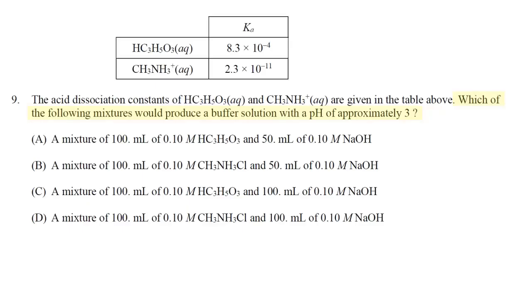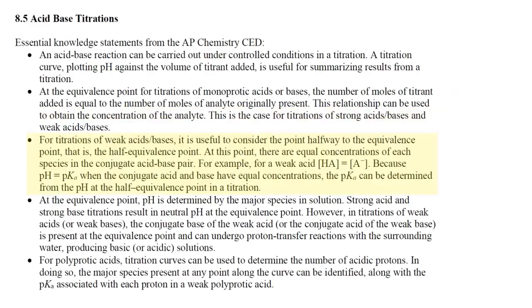Now, this question definitely has to do with properties of buffers, but I'm going to show you on this slide topic 8.5, acid-base titrations. And the essential knowledge statement that's highlighted on this slide says the following. For titrations of weak acids and bases, it is useful to consider the point halfway to the equivalence point, that is the half equivalence point.